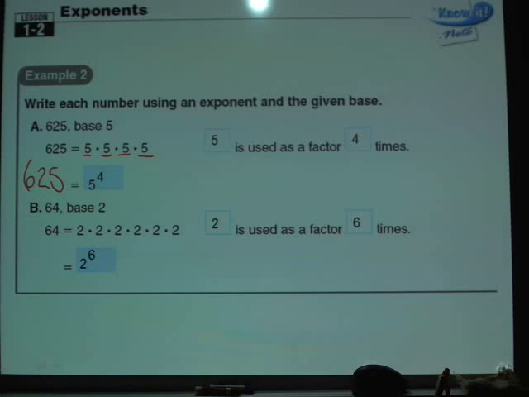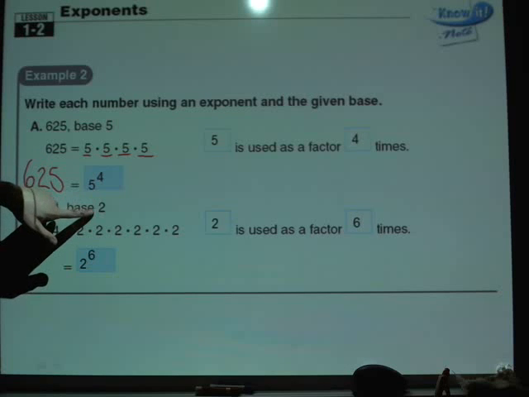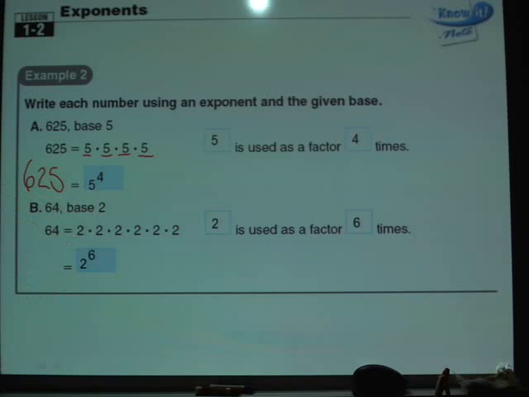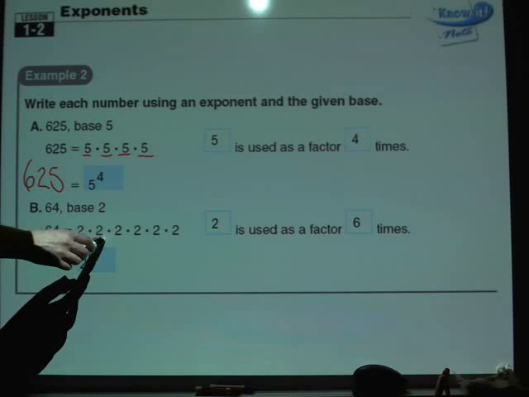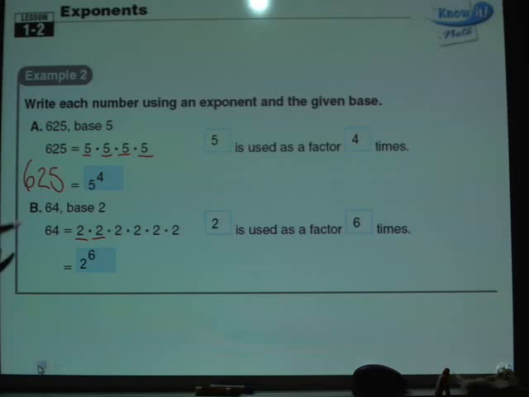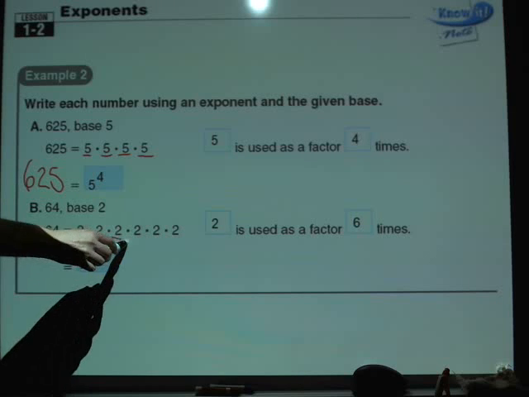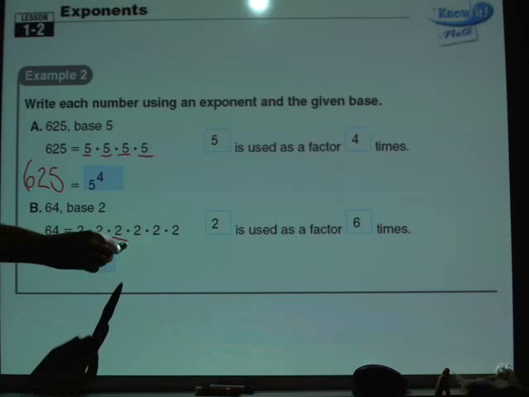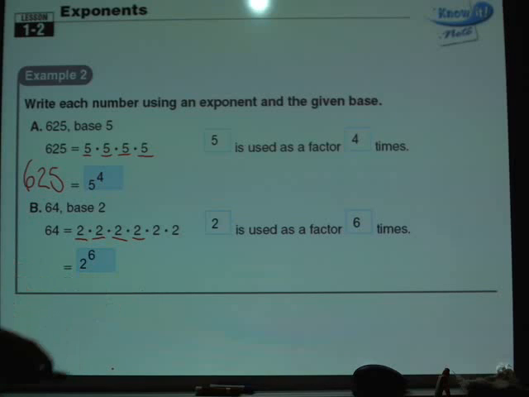We'll do the same thing in B, but it's just different numbers. It's supposed to equal 64, and this time the base is going to be 2. So I'm going to start multiplying 2s together. 2 times 2, that's 4. Not at 64 yet. Times 2 again is 8. Times 2 again is 16. Times 2 again is 32.